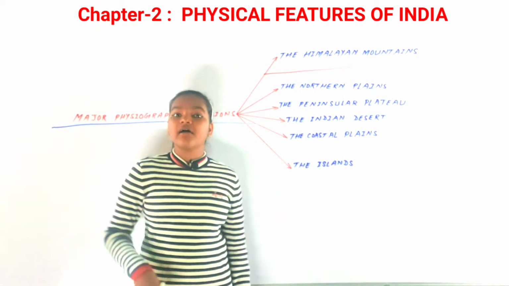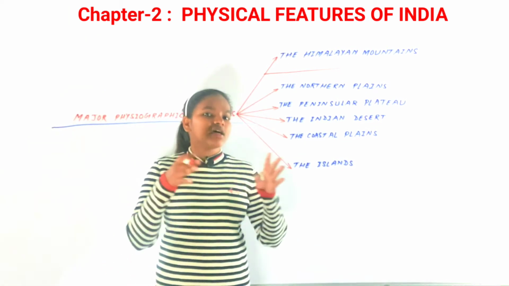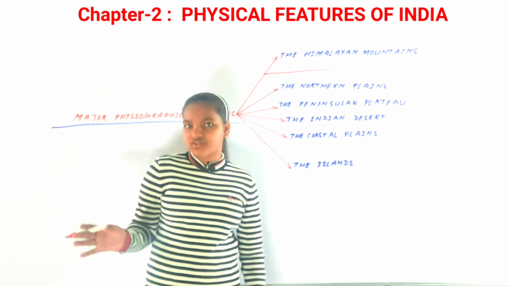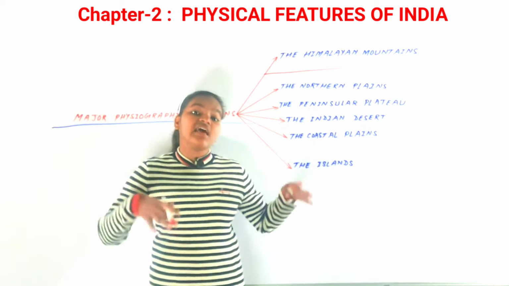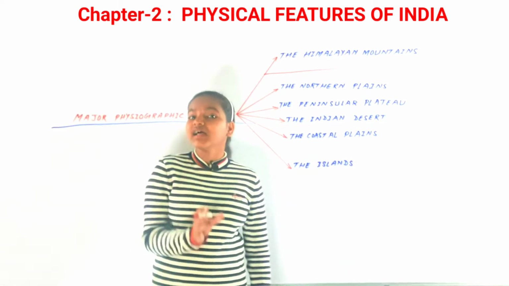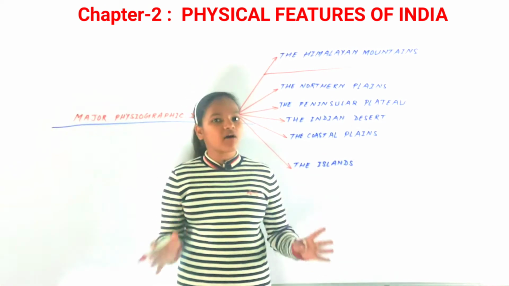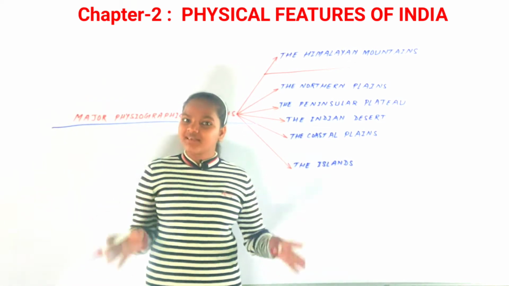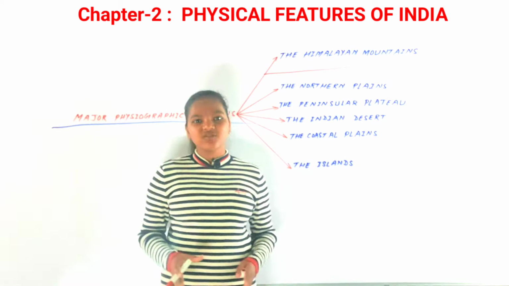Now let's look at our Himalayan Mountains. As you also know, the Himalayan Mountains cover from west to east, and they are young fold mountains. They are young and structurally rugged mountains, and there is a variety of high peaks in these mountains.